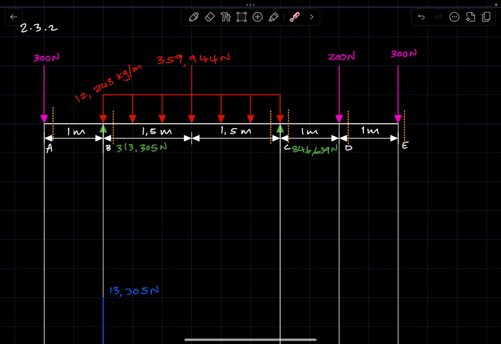Now considering forces between the current section and the last section, the only forces to consider are the ones based on this UDL. We are going to consider the entire span of the UDL. Hence, when resolving this UDL into its weight component, we are going to use exactly this, because we already know that if you resolve this into its weight component, we get 359,944. It is a weight component, hence it is acting downward, hence you take it as negative.